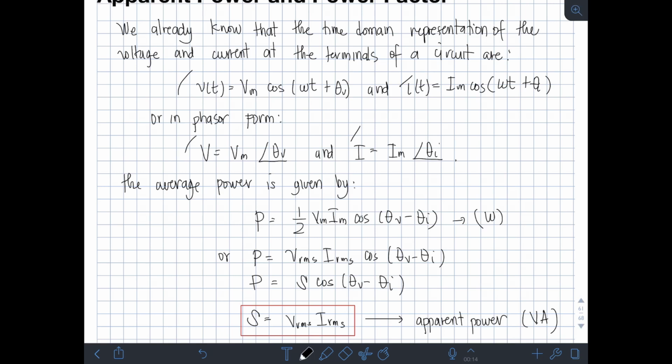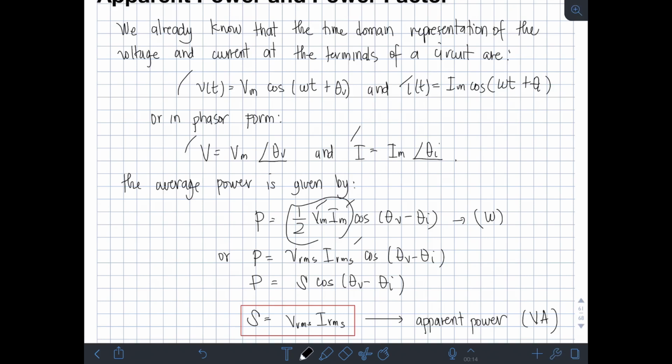Or in terms of the RMS voltage and current, we have P is equal to VRMS, IRMS, cosine theta v minus theta I. So, itong 1/2 V sub m, I sub m, pinalitan lang natin ng RMS representation nila, kasi dito, di ba, peak current tsaka peak voltage yung given. So, kapag ginawa natin yung average power in terms of VRMS tsaka IRMS, base dun sa video ko about RMS voltage and current, right? Ito yung other formula natin for average power.